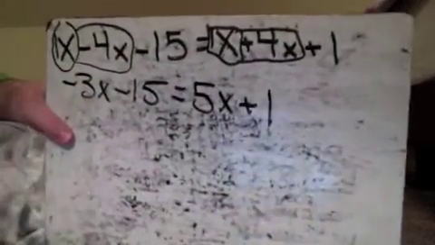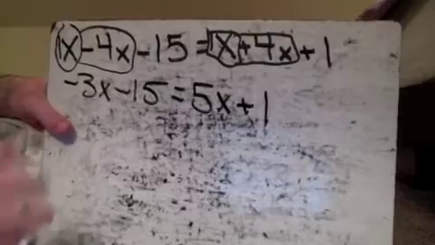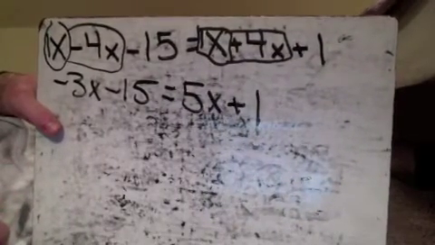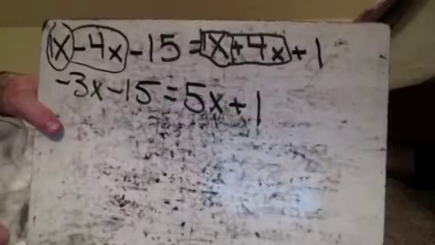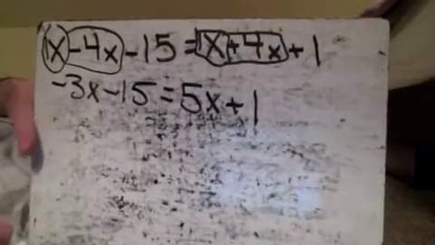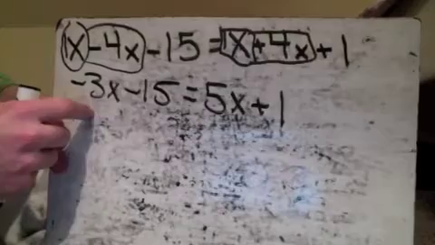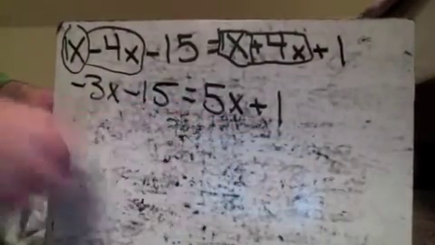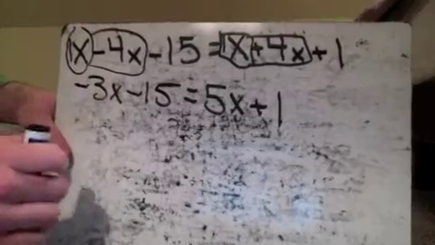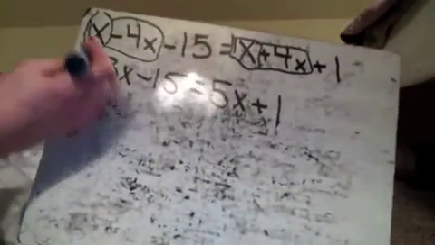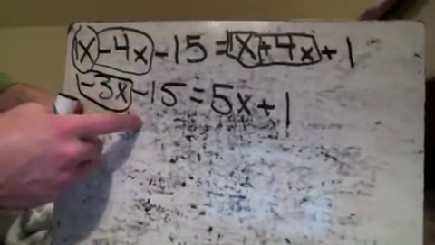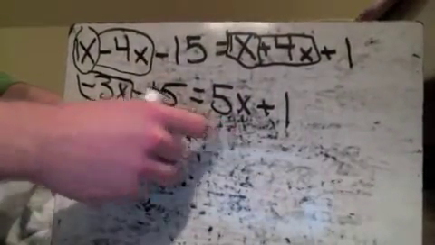Okay. So now the exchanging begins here. I have to decide what side I want my x's, or my variables, to be on. I'm just going to get rid of this, put it over here, because I know that'll make that a positive number, so I'll just work with positive numbers. Minus 3x, I've got to get rid of it on this side so all my x's are over here.